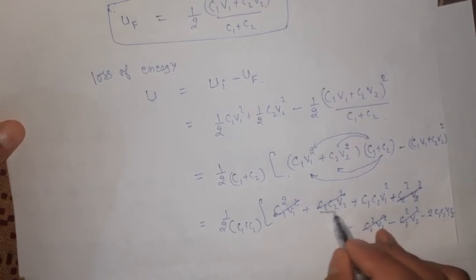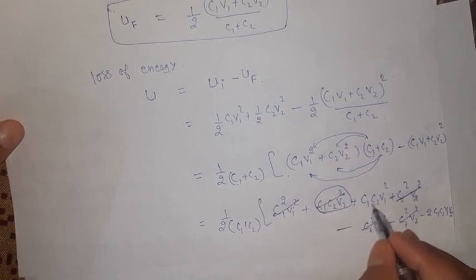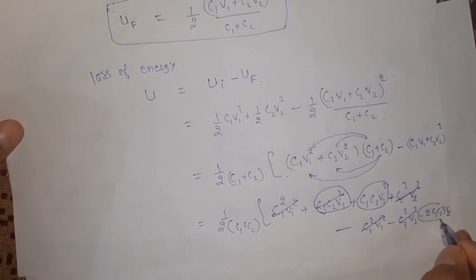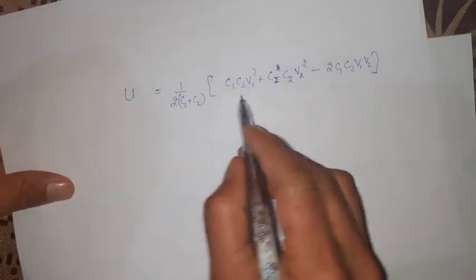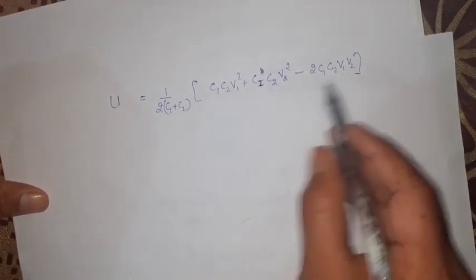Okay, so we will be left with one term, c1 c2 v2 squared, and the second term is this one, and the third term is the negative term. So that is written over here: c1 c2 v1 squared plus c1 c2 v2 squared minus this one term.